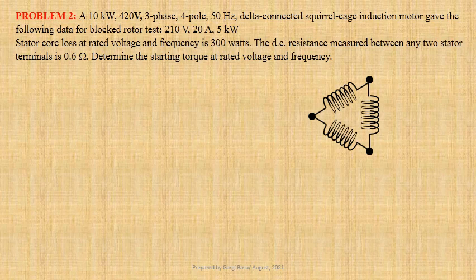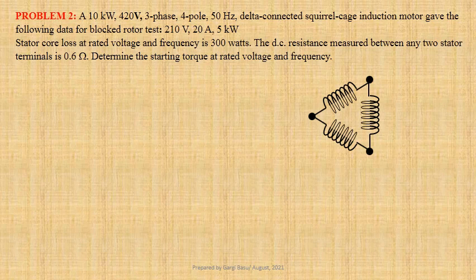Stator core loss at rated voltage and frequency is 300 watts. The DC resistance measured between any two stator terminals is 0.6 ohm. We have to determine the starting torque at rated voltage and frequency.